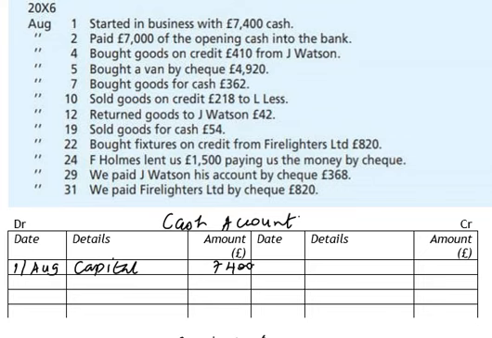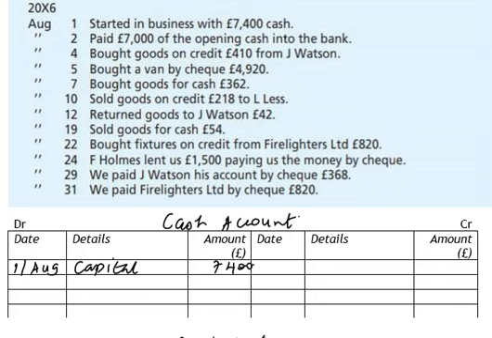Now on 2nd, paid £7,000 of the opening cash into the bank. So here we still have two accounts, that is the cash account as well as the bank account. Our cash is reducing. Why?